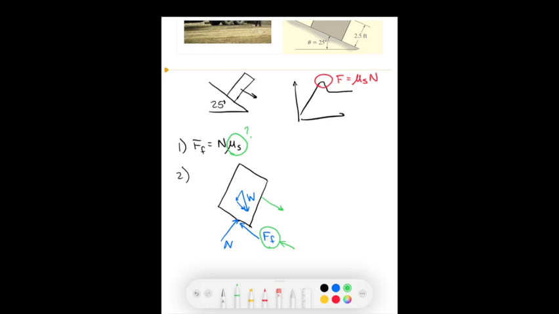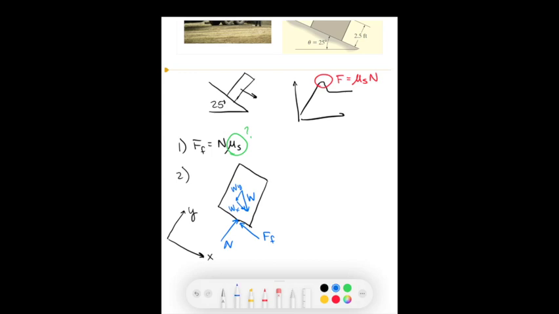So the friction force will be opposite to that. The second thing I'm going to do is break up W into X and Y components. Actually, what I'm doing here is rotating the X and Y axes by that 25 degrees. And that will just make my calculations a little bit simpler.